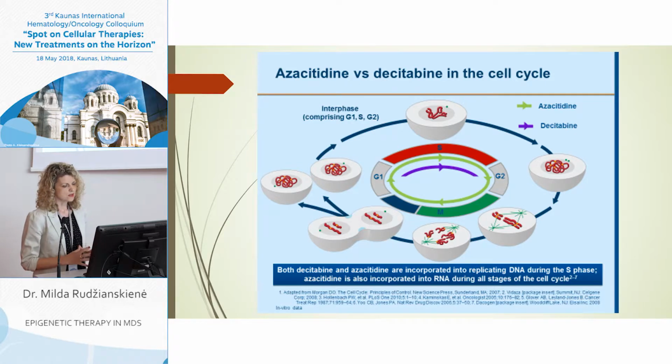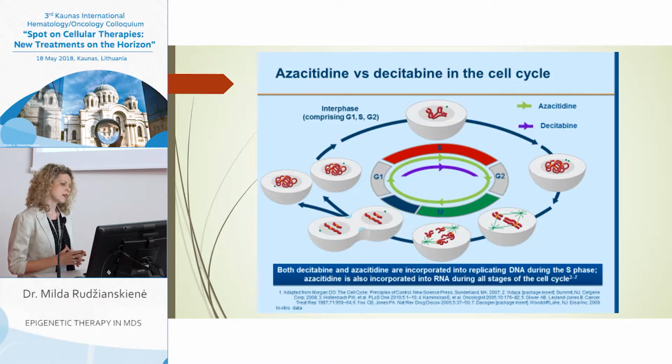Both drugs act in the S phase of the cell cycle, incorporating into DNA sequences. Only in this phase can they incorporate into DNA sequences. But azacitidine, incorporating into RNA sequences, can also act without any influence of the cell cycle.